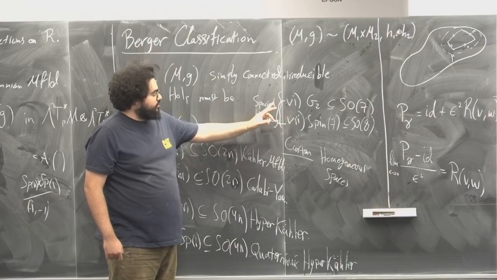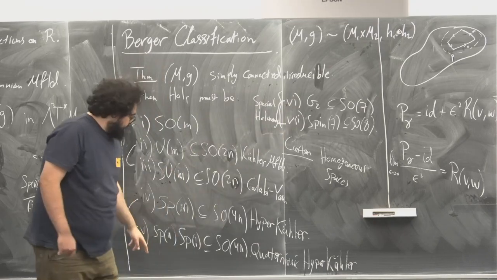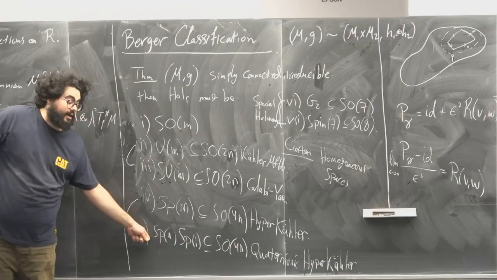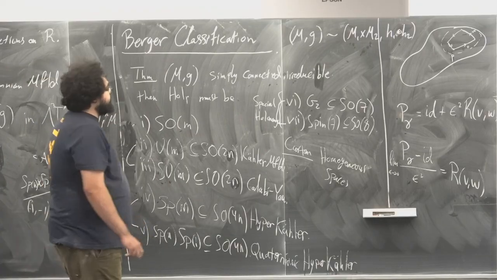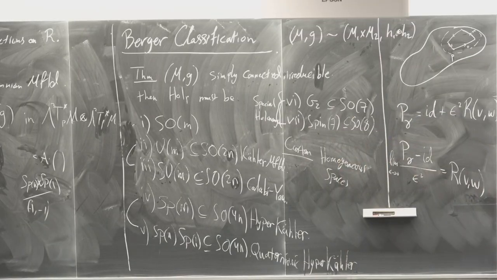I'm not sure exactly how it works. And I think G2 is Ricci flat. And then quaternionic hyperkähler ends up being Einstein, which means that the Ricci curvature is just a constant times g, the metric itself.